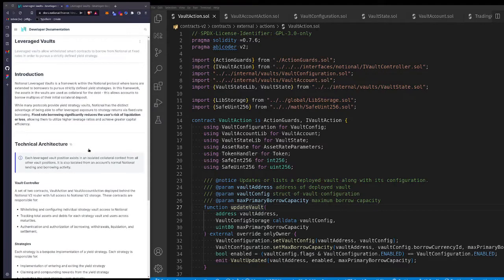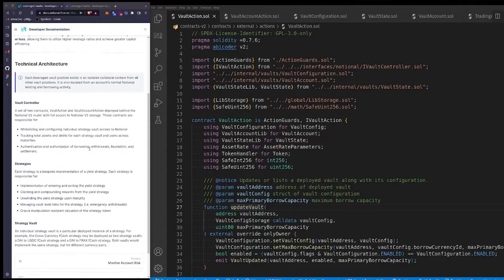So a quick note about the technical architecture. Every leveraged vault position is going to exist in its own collateral context, isolated from all other vault positions, as well as isolated from an account's normal Notional lending and borrowing activity. So you may be borrowing USDC against ETH on Notional and have a free collateral position there.